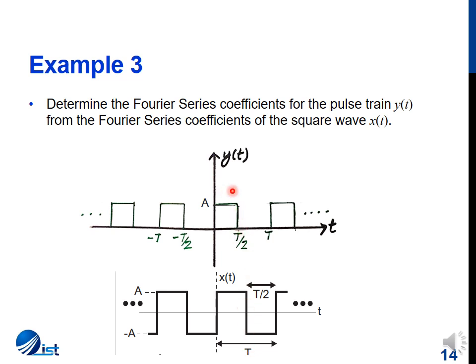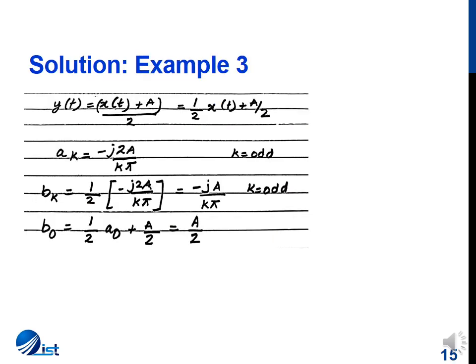If we observe y of t, we can see that this waveform is actually derived from x of t in such a way that x of t has been given a DC offset of say a units, so that this point becomes 0 and this point becomes 2a, and afterwards it's being divided by 2 so that we get a. So we can write y of t as shown on the next slide. y of t is equal to x of t plus a by 2, which is equal to half of x of t plus a by 2.